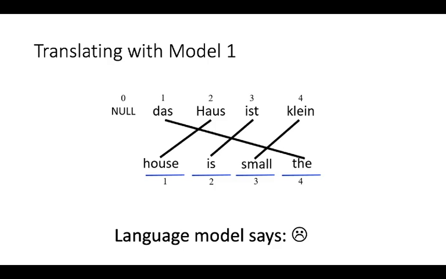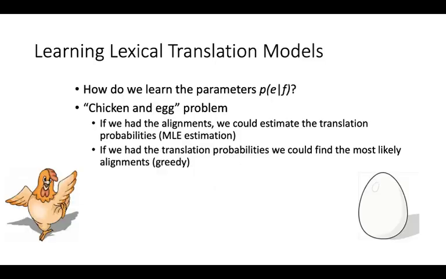And so this is a chicken and egg problem. If we have a good alignment, we can have a better translation probability by MLE. But if we have a good translation probability, we can find the most likely alignment. But we cannot assume which comes first.